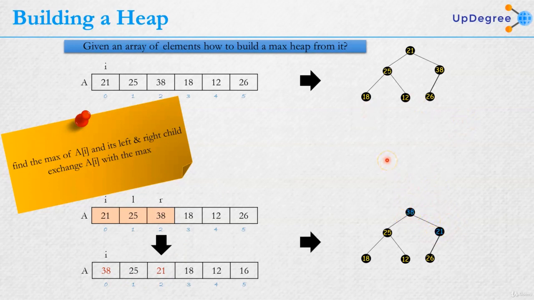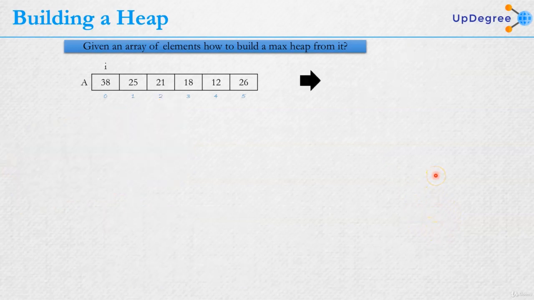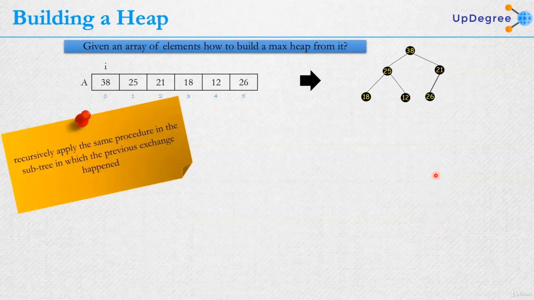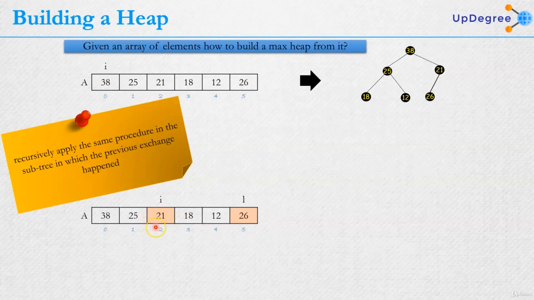Alright, now because we have made the exchange in the right subtree, we have to recursively do the same thing in the right subtree one more time. So if this is the state right now, in the right subtree we have 21 as the right child of the root, so this becomes the new I, and the left child of I is at index L, so this is at index 5, and right child is not present.